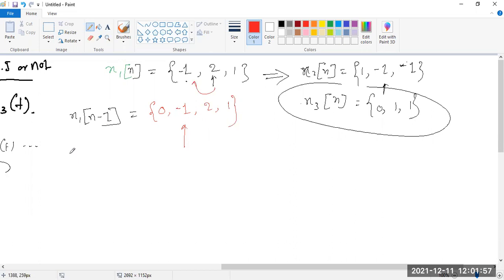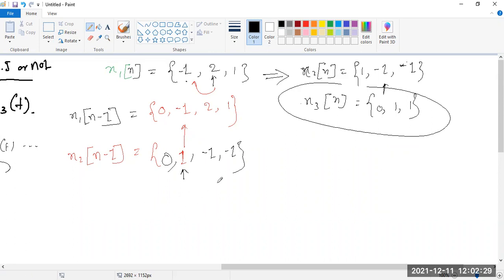If we go for x2, that is again a shift by minus 1. What happens? It will shift over here, so you get this one, and as there is minus 1 also there, you put 0, or you can also leave it. So x1[n-1], x2[n-1].